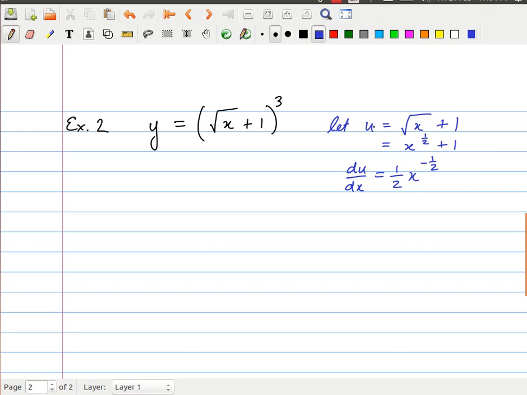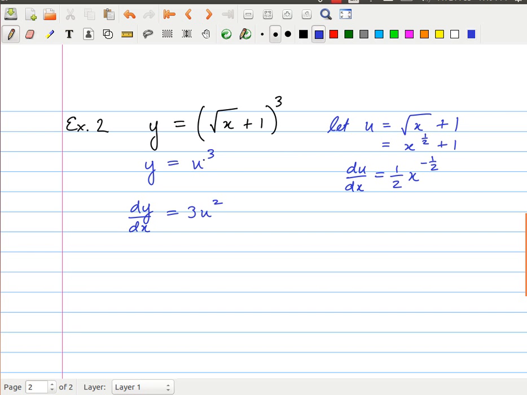So now I have u, and I have du by dx, and so now I can make my change in variable here, which is y equals u cubed. If I want y prime, I'm actually going to write this using derivative notation: dy by dx, the derivative of y with respect to x, is going to be equal to the derivative of this, which is 3u squared.